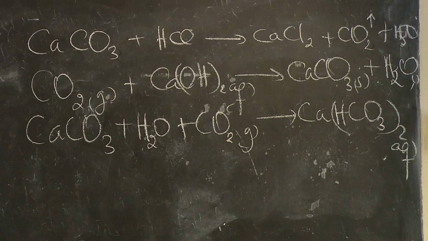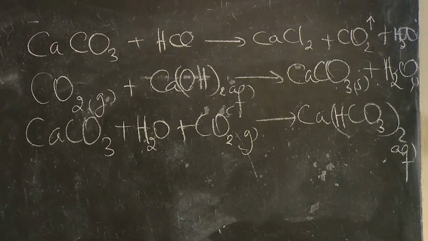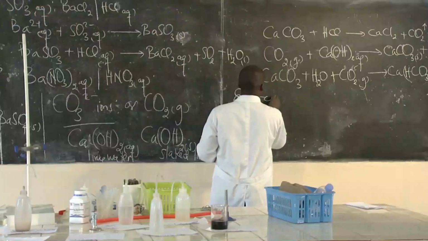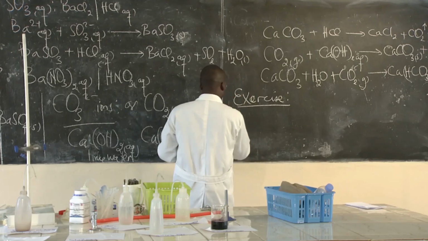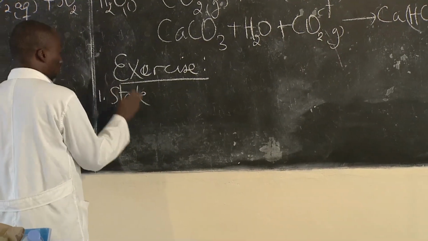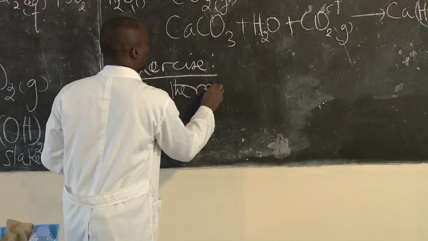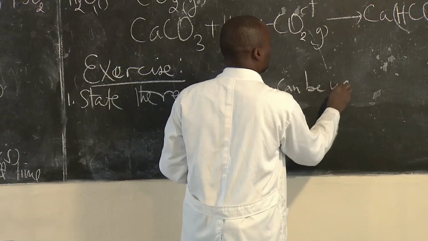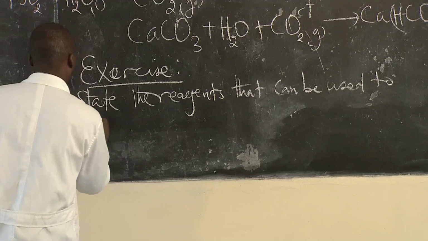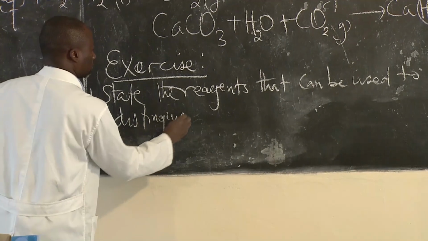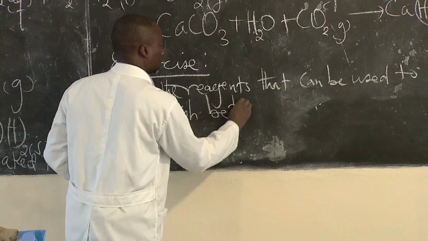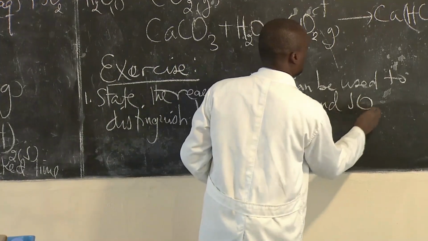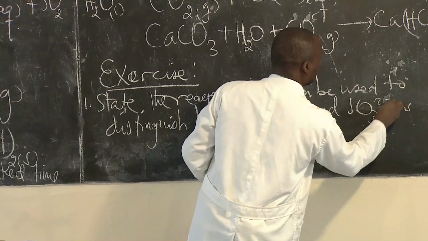So I'll just leave you with an exercise. Maybe I'll ask you to take note of this exercise. Part 1A, state the reagents that can be used to distinguish between the sulfate and sulfite ions in the solution.